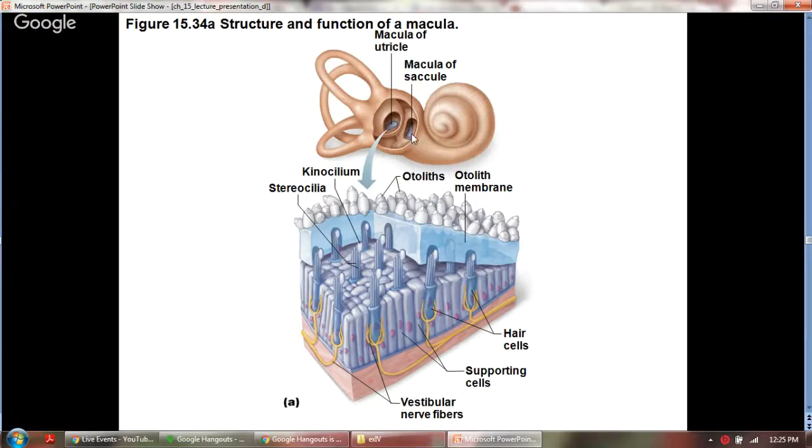This is the macula of the saccule and the macula of the utricle over here, and a higher image of the macula of the utricle is shown. Here you see the hair cells, the supporting cells adjacent to the hair cells, the vestibular nerve originating at the hair cells, the otolith membrane, which is the gel-like structure, the otoliths, the calcium carbonate, and then the kinocilium, which is associated with the tallest stereocilia.